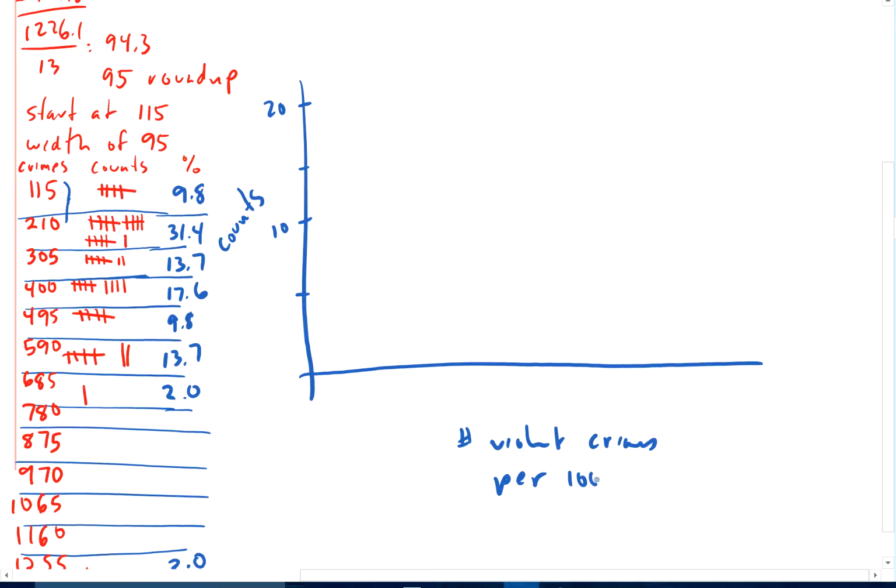Per 100,000. Otherwise it'd be very deceptive. So we're going to go with 115, 210, and just go on over. Yes, this is tedious. So we don't spend a lot on this, but enough to really get a handle on what's going on.